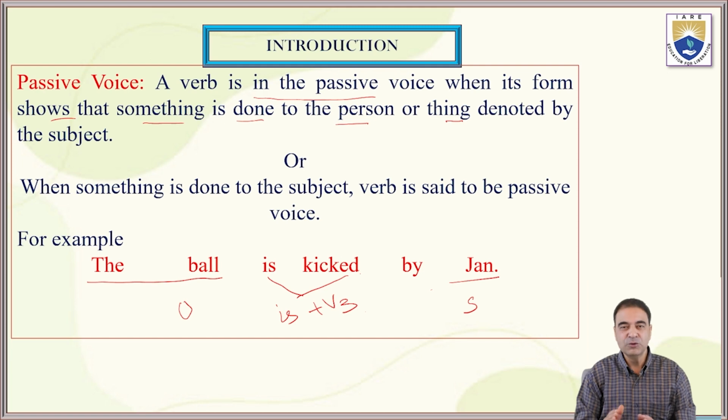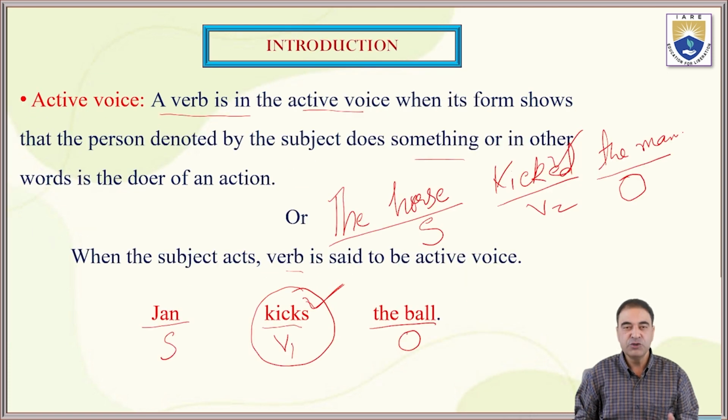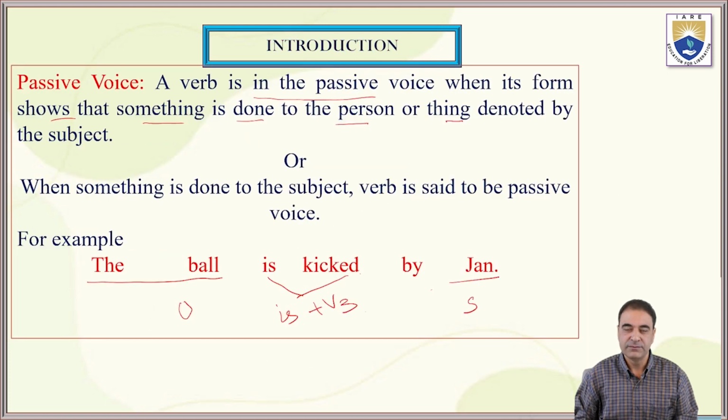Before we move to the next slide, I would like to recapitulate these two slides. The first one is the active voice. What's active voice? When the subject acts, the verb is said to be in the active voice. Like in the first sentence, John kicks the ball.